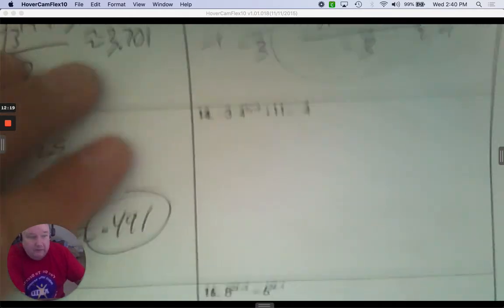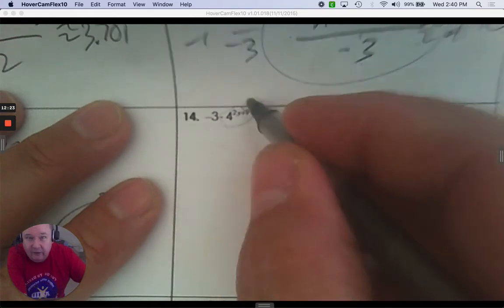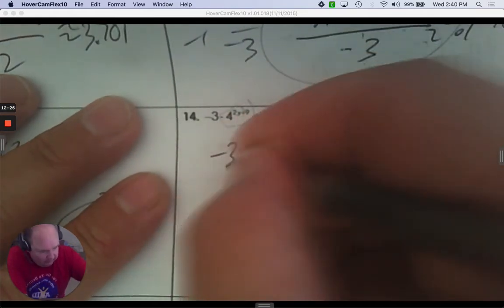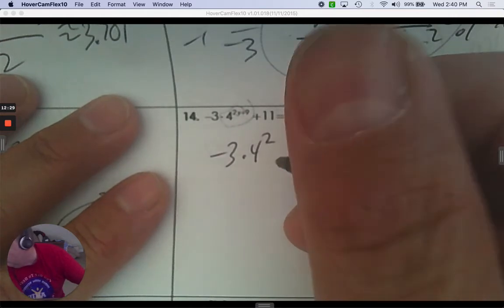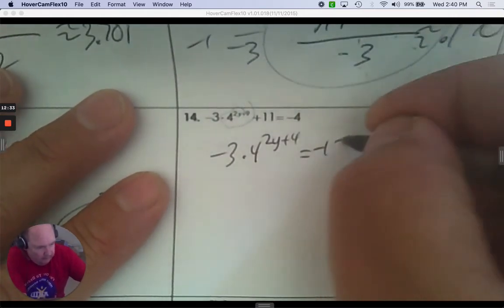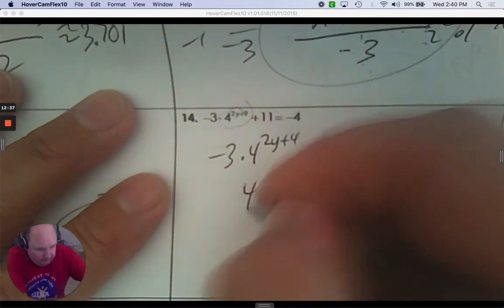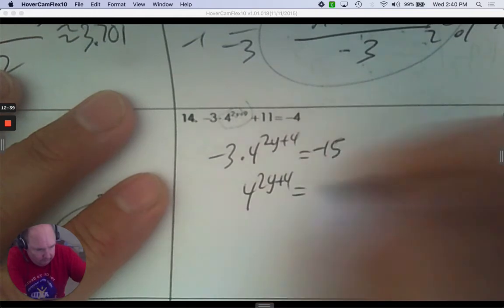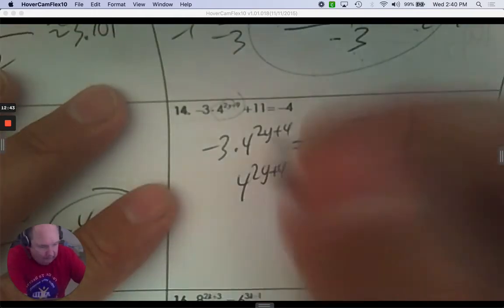Number 14. So isolate the exponential part. So subtract 11. That's negative 15. Divide by negative 3. That's positive 5. Write that as a logarithm.